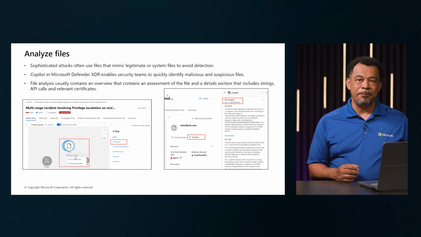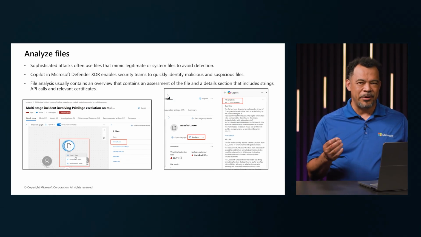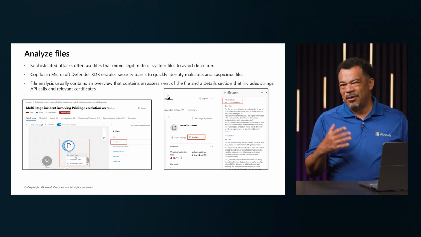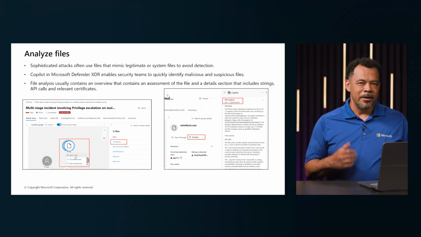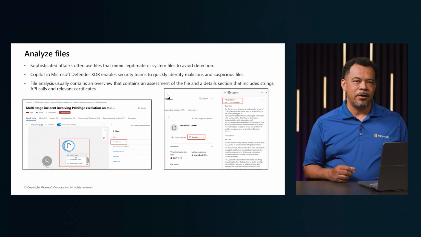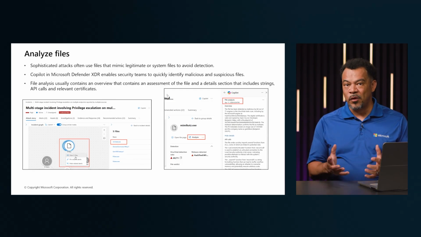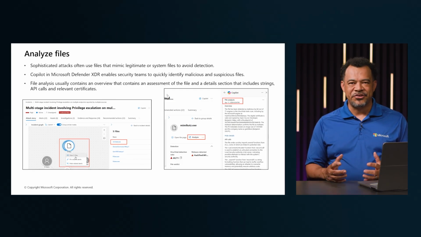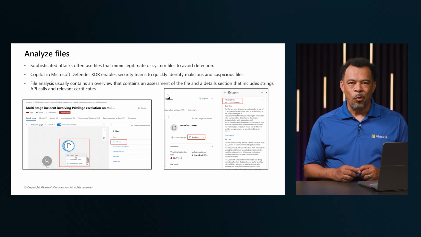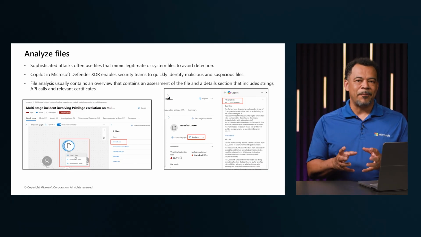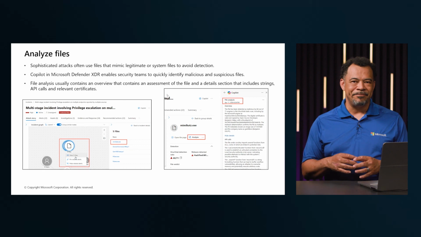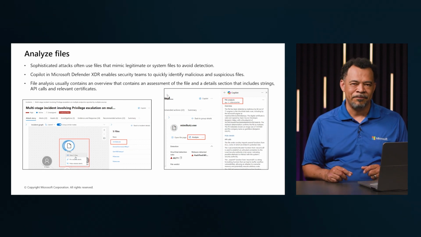Sophisticated attacks often employ files that resemble legitimate or system files to avoid detection. Copilot and Microsoft Defender XDR assist security teams in swiftly identifying these malicious and suspicious files. When examining a file, Copilot provides an overview that includes an evaluation of the file's characteristics.